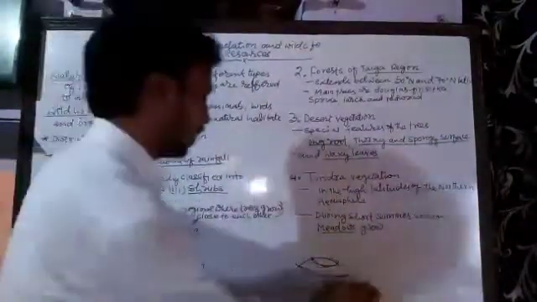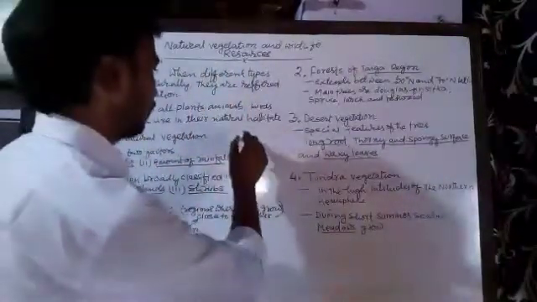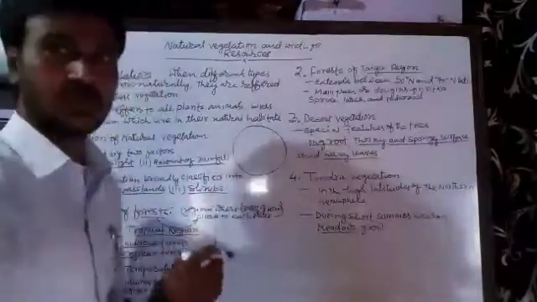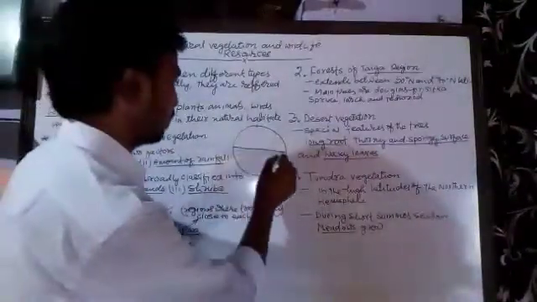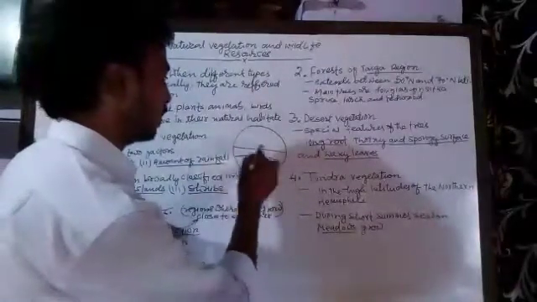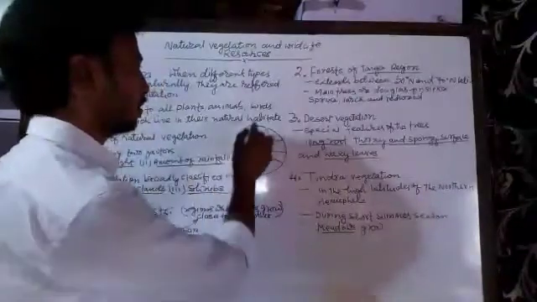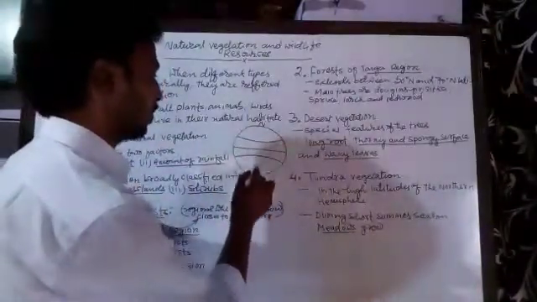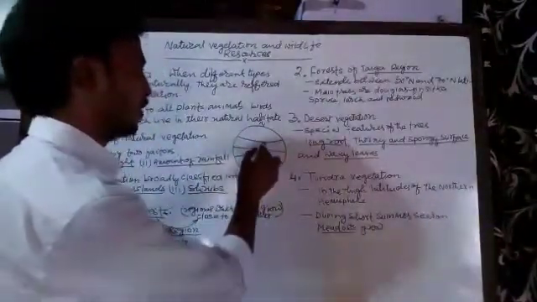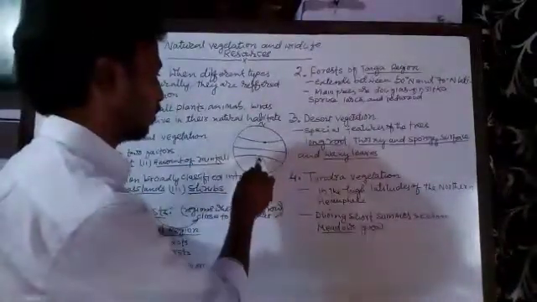When we draw a globe, we see in the middle is the equatorial area, and beside the equator there is the Tropic of Cancer in the north and the Tropic of Capricorn in the south. So these areas are called tropical areas.